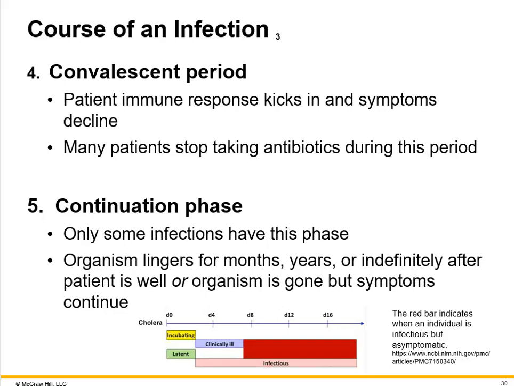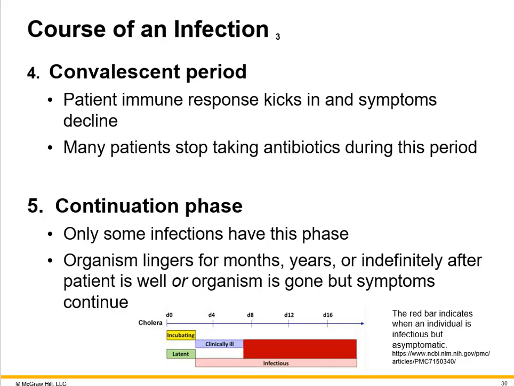Even long COVID is another example of an infection that is kind of gone, but individuals still report symptoms later on. So for that continuation phase, the organisms linger for months or years or indefinitely, or, the other possibility, the organism is gone but you still have symptoms from that infection. That's what happens with long COVID.